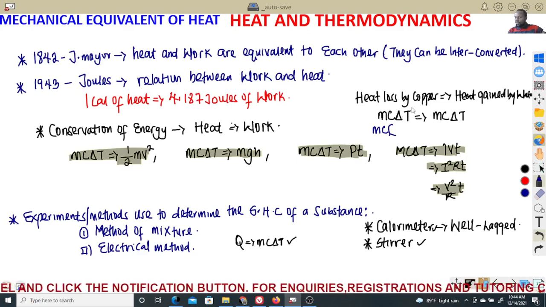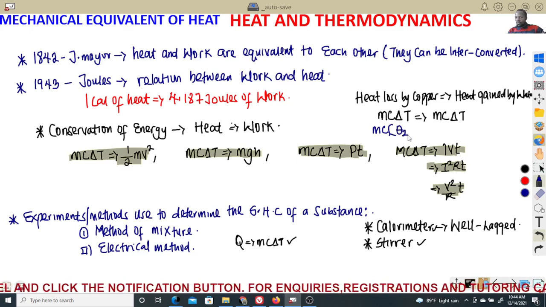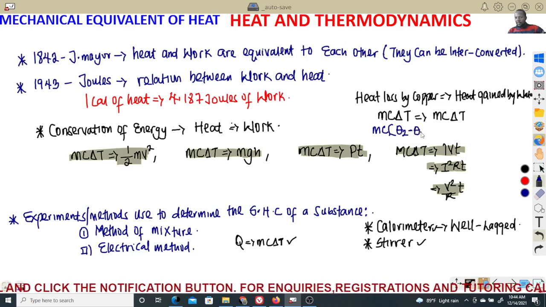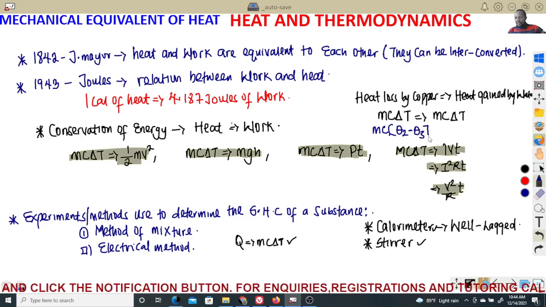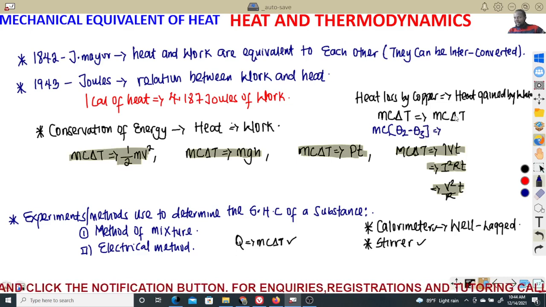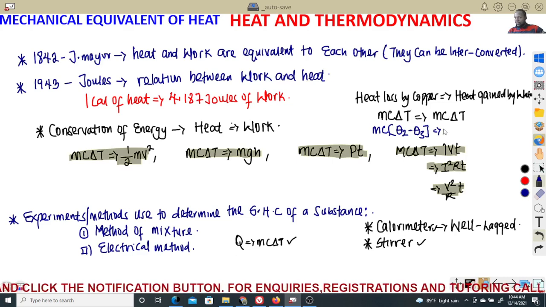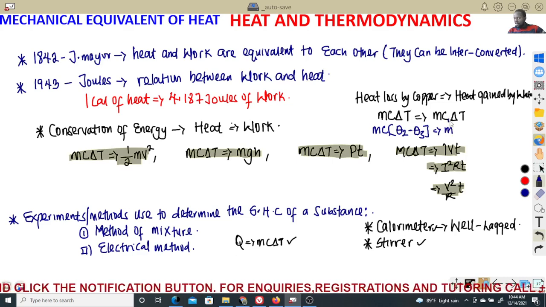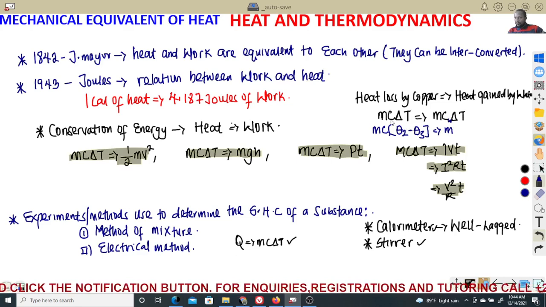The temperature of copper is theta 2. It's losing temperature when mixed. The final temperature is theta 3, equal to the one that gains, which is water. MC, this is C of copper. This is C of water, and I write it as CW if you like. This is for copper.